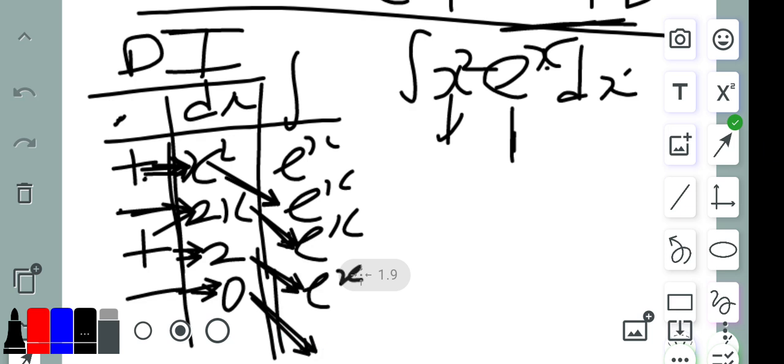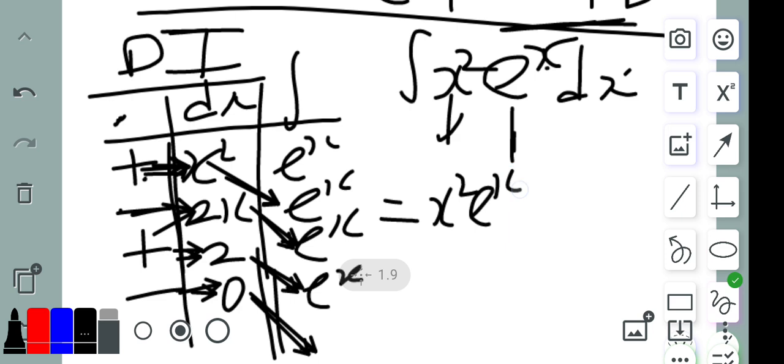So from here, we already know that our final answer will be equal to plus x square exponential x. You have x square, that's multiplication, plus times this will give me x square exponential x.